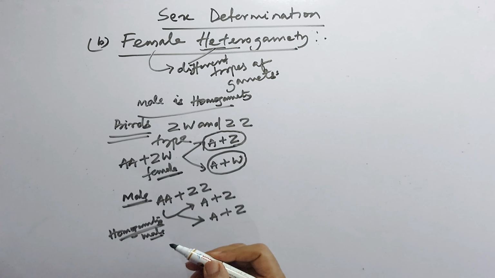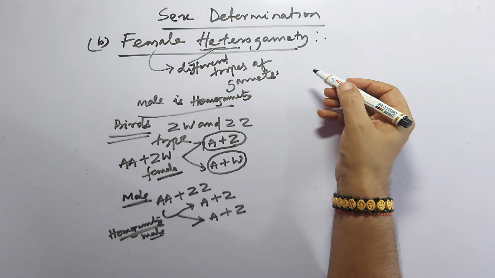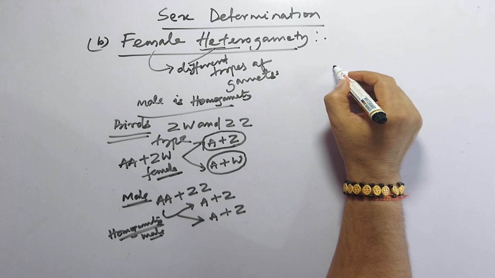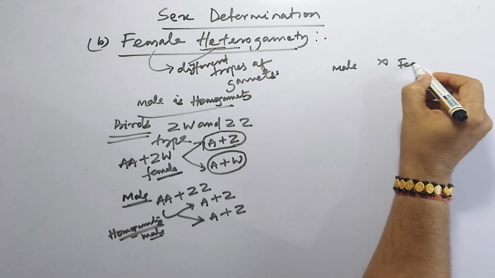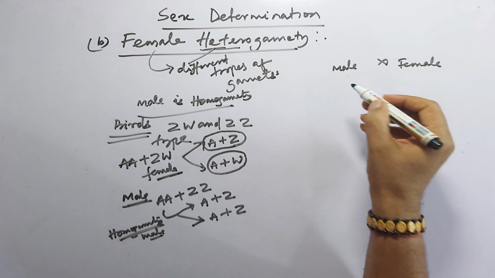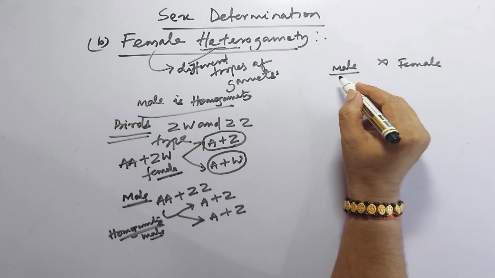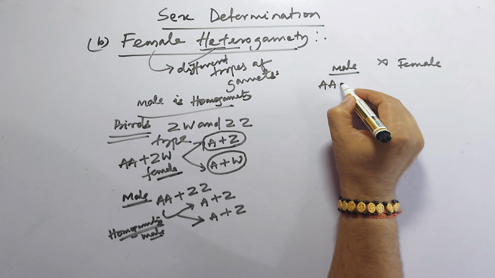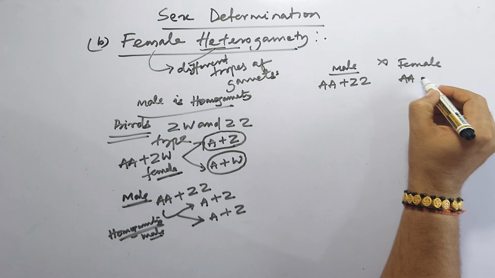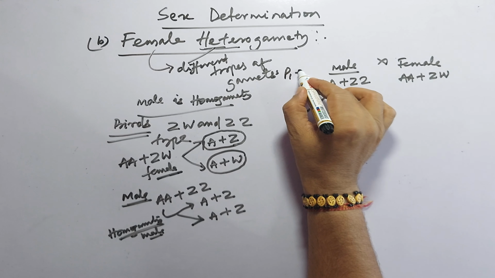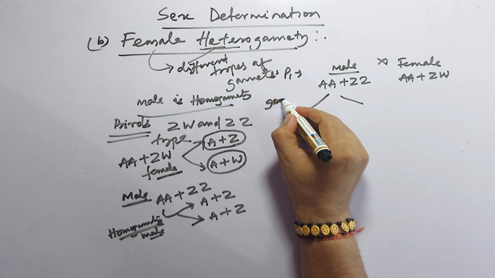Now we will discuss how the inheritance pattern works. When a male crosses a female, we can write AA plus ZZ and female AA plus ZW. This is the P1, and these are the gametes.